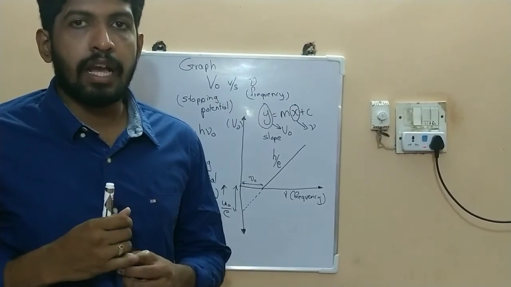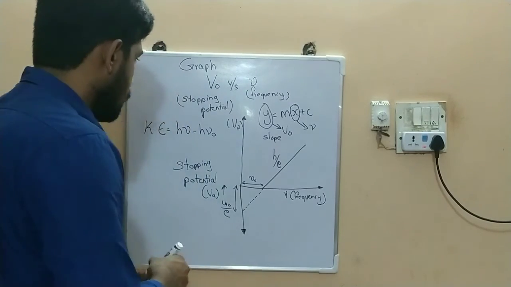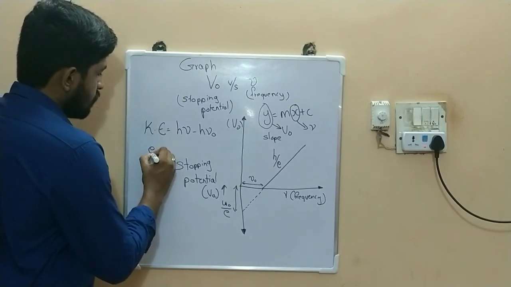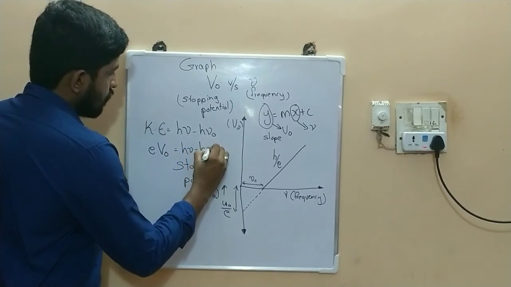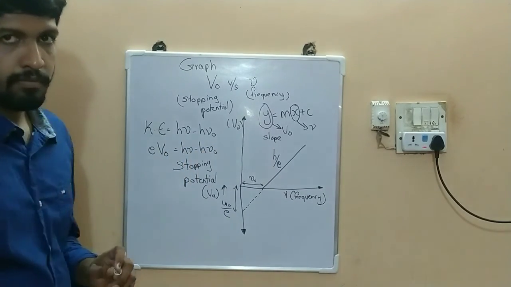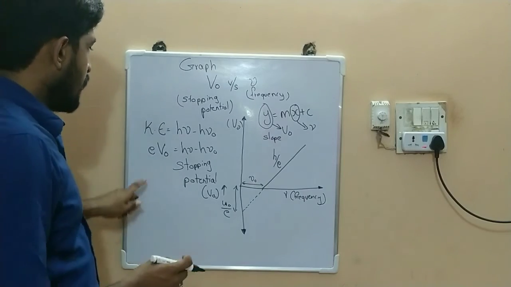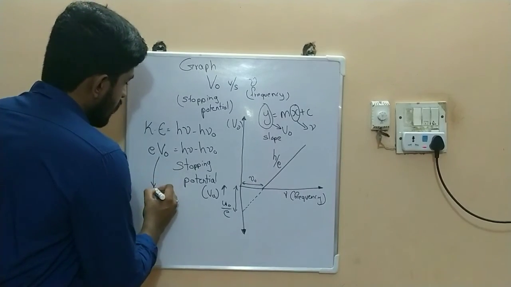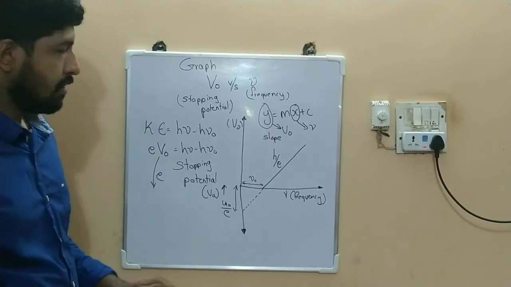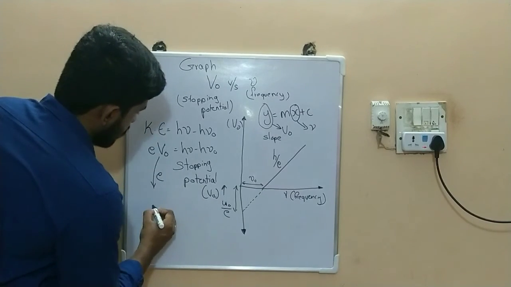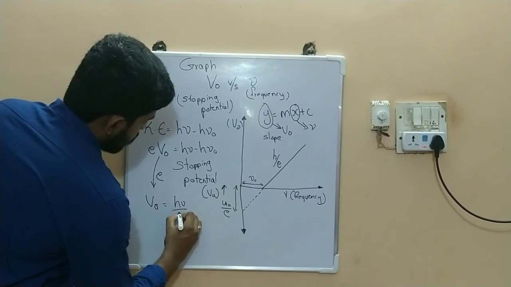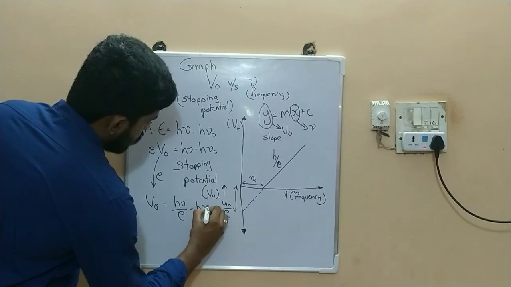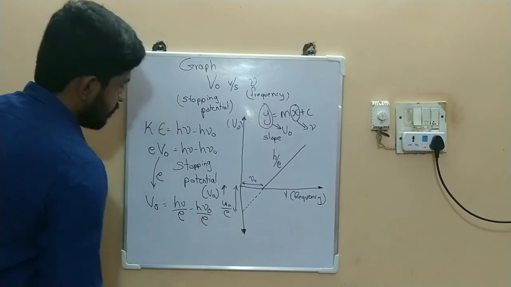So we can rewrite the kinetic energy as e into V0, so e V0 is equal to h nu minus h nu 0. Now we divide this equation by e. After dividing we get V0 equal to h nu divided by e minus h nu 0 divided by e.